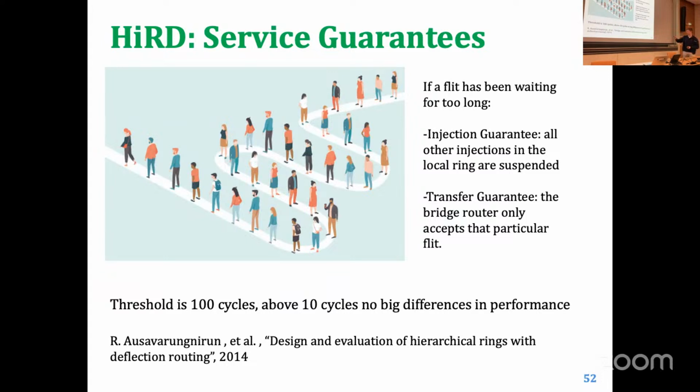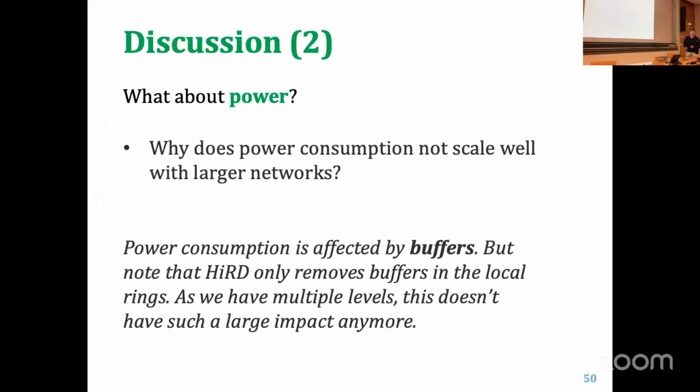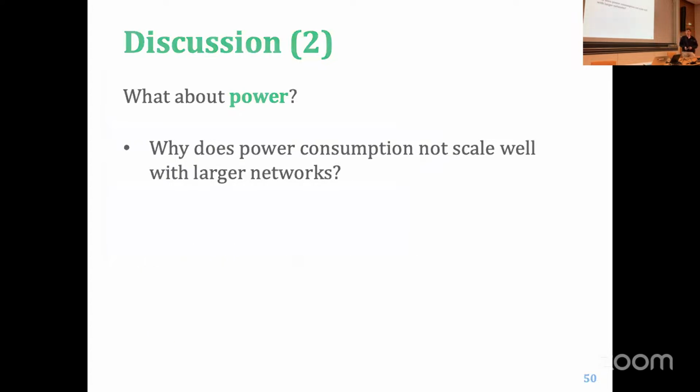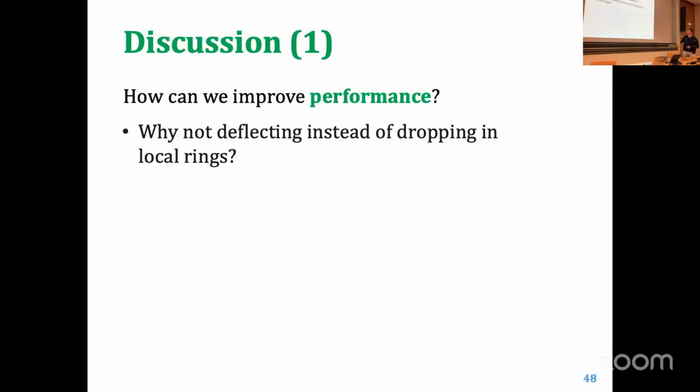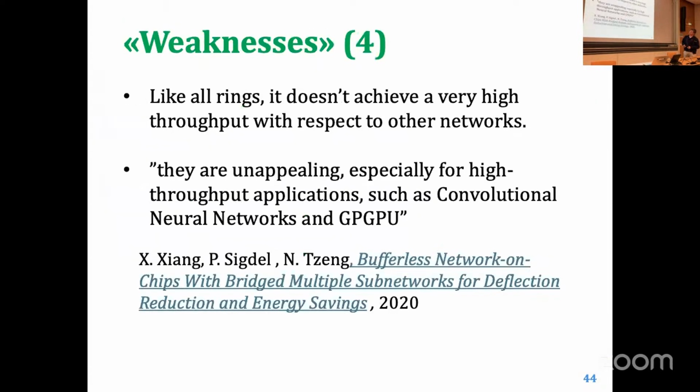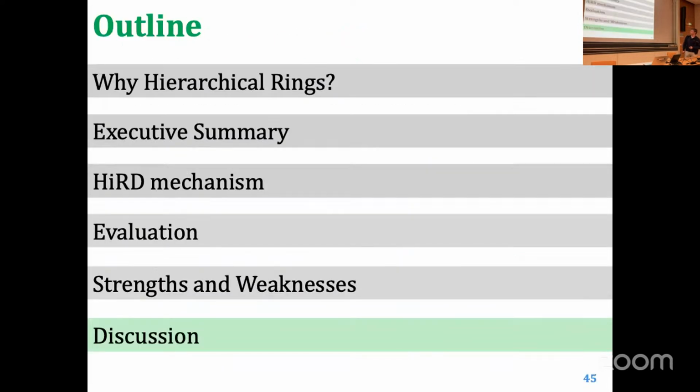But I should mention that the threshold was set to 100 cycles, but actually with just 10 cycles, it was working fine. So even a very high threshold is not necessary. That means that there aren't many fleets that are being deflected and go around for a long time. I hope that was fine. Okay. I will move on with the discussion now.